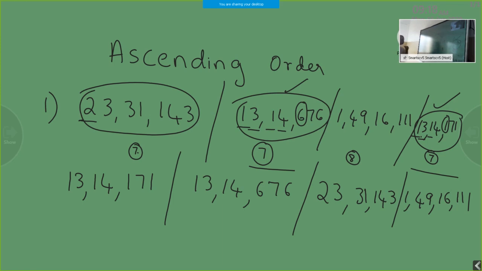But when you have more numbers having the same number of digits, what do we have to do? We have to compare those numbers from the leftmost position onwards, and thereby we will get the numbers in ascending order. Is that clear, all of you?